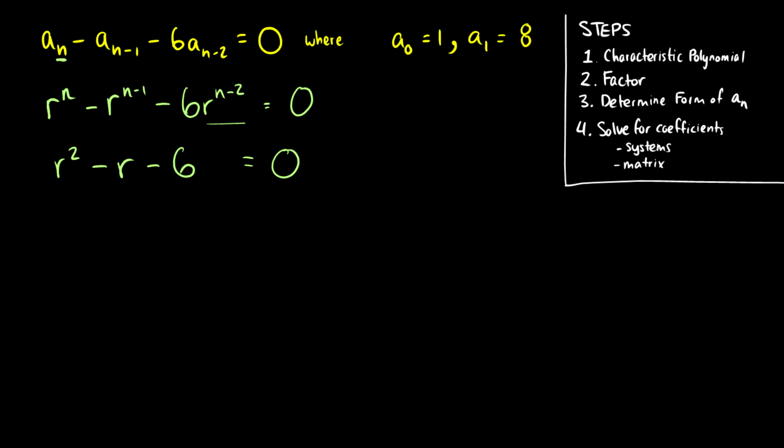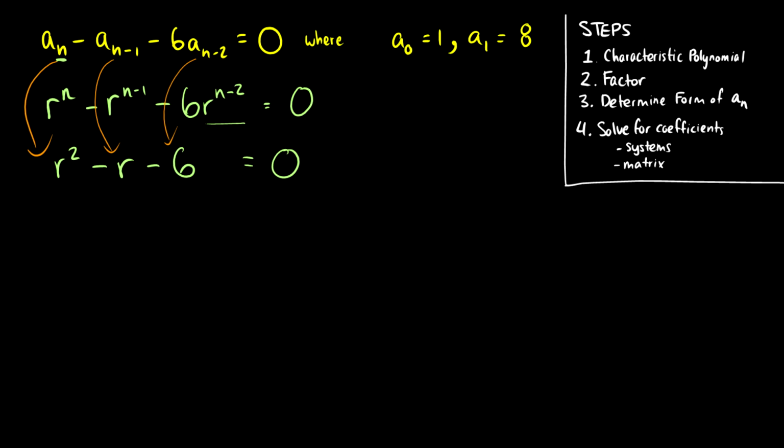This was a complicated way of saying that we take the smallest term and we just write it as a constant. We take the second smallest term, write it as a constant times r. We take the third smallest term and write it as the constant times r^2. You can kind of see a pattern of how we got from this step to this step. So if the second step confused you, don't worry about it.